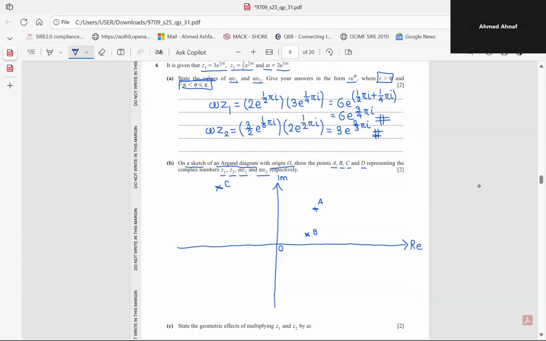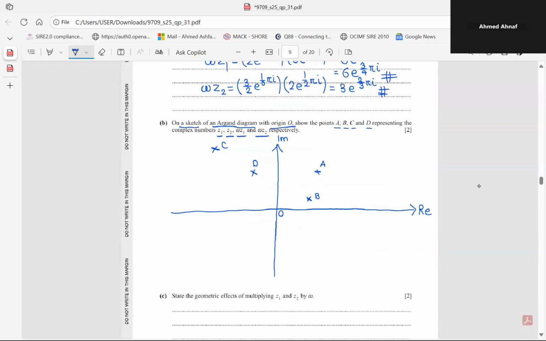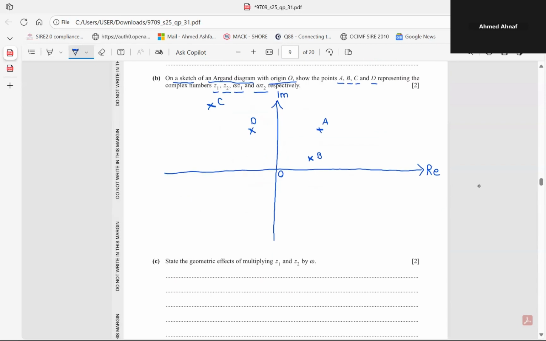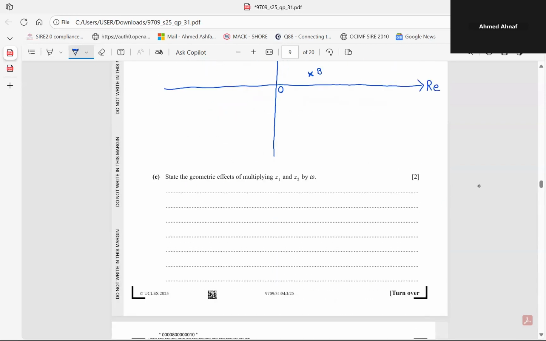So that is 90 plus 30 degrees. So it should be somewhere over here. This is point D. Yeah, so these are our final answers. Let's head on to the next question.